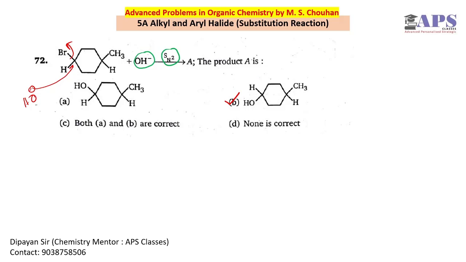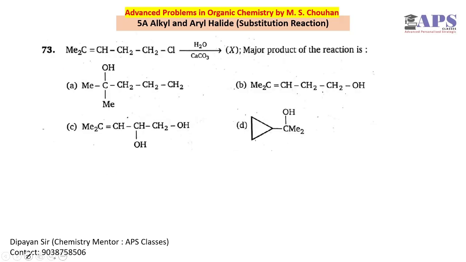In question number 73, it is a very interesting question because dancing resonance will take place here. If we see the normal structure of dancing resonance, this is the normal molecule where we have seen dancing resonance, and this sigma bond will be broken, and this kind of situation is formed.